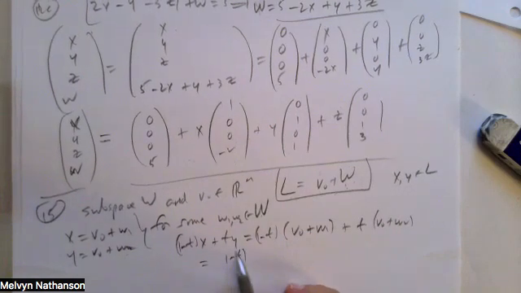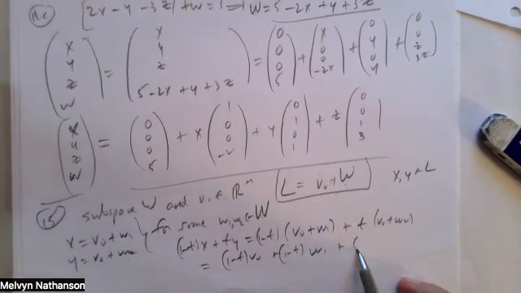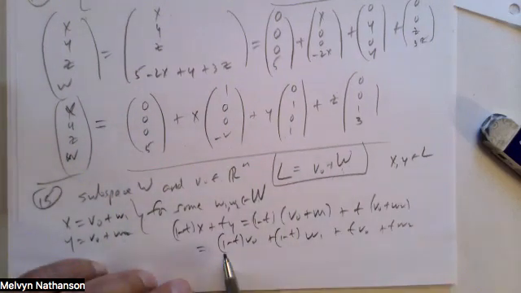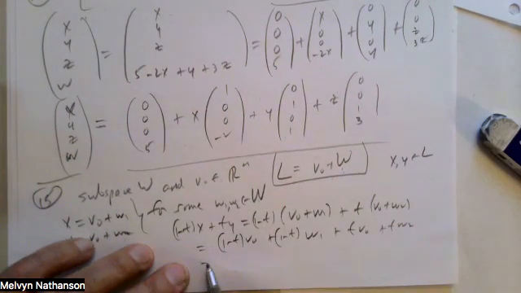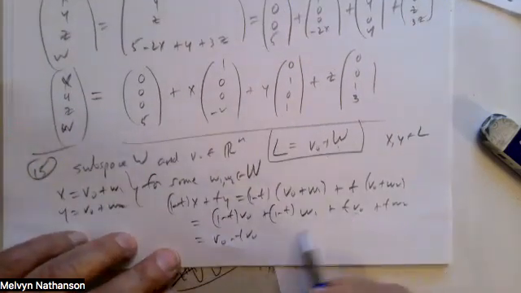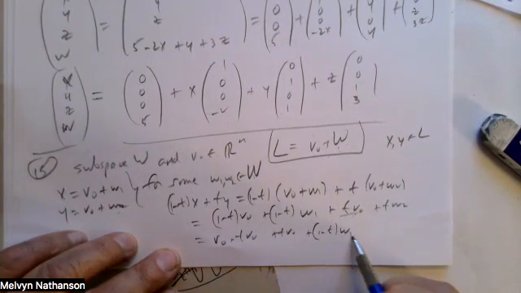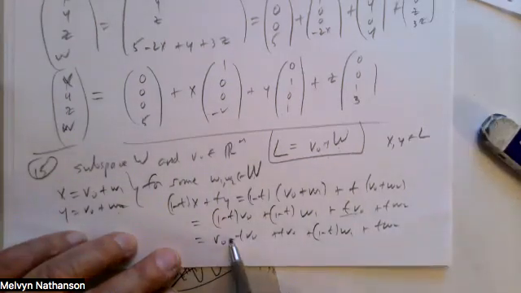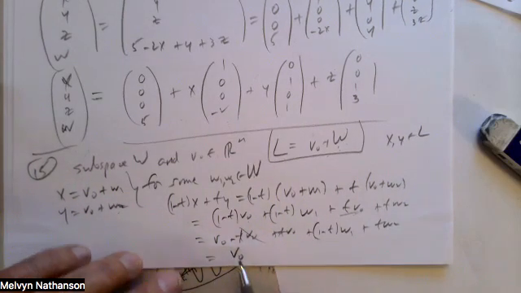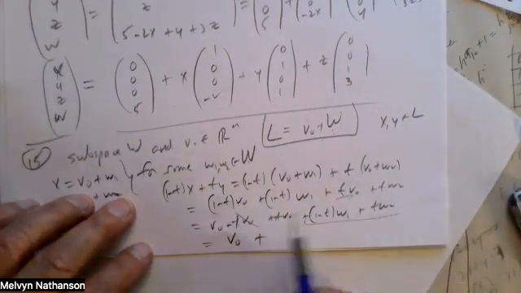This is 1 minus T V naught plus 1 minus T W1 plus T V naught plus T W2. 1 minus T V naught is V naught minus T V naught, plus here I have T V naught, plus 1 minus T W1 plus T W2. So minus T V naught plus T V naught, they cancel. So this is just V naught plus this.